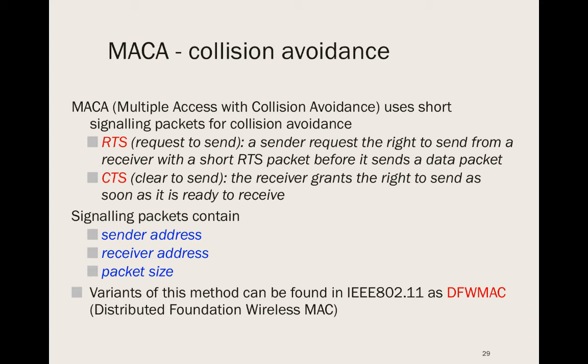If the receiver sends a CTS, it grants the right to the sender to transmit the data. The signaling packets contain the sender address, receiver address, and packet size. Variants of this method can be found in the IEEE 802.11 Distributed Foundation Wireless Media Access Control.